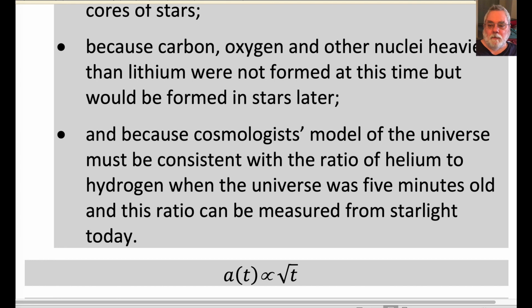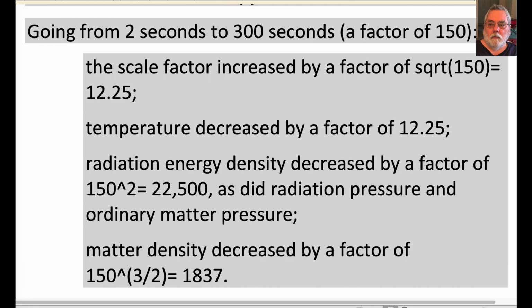Energy density was dominated by radiation, and the scale factor was proportional to the square root of the time since the Big Bang in this period. Going from 2 seconds to 300 seconds, a factor of 150, the scale factor increased by a factor of square root of 150, or 12.25. The temperature decreased by a factor of 12.25.